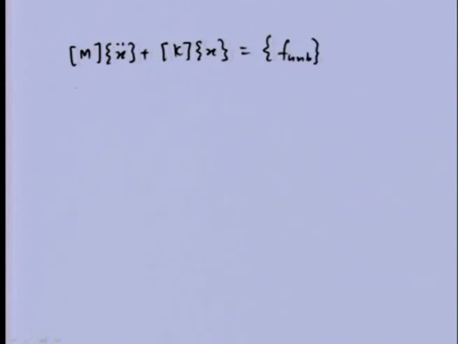So, we have the equation of motion of this form. The linear system we are considering. This particular force we have seen is coming from the unbalanced force. So, we can write this as a complex amplitude, and the frequency component I am taking here as e to the j omega t.